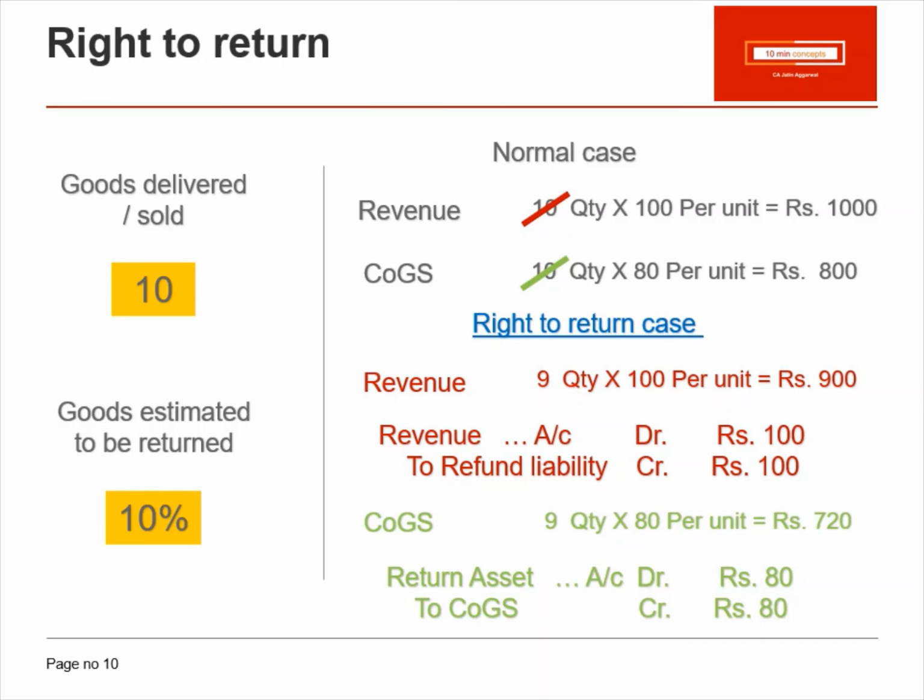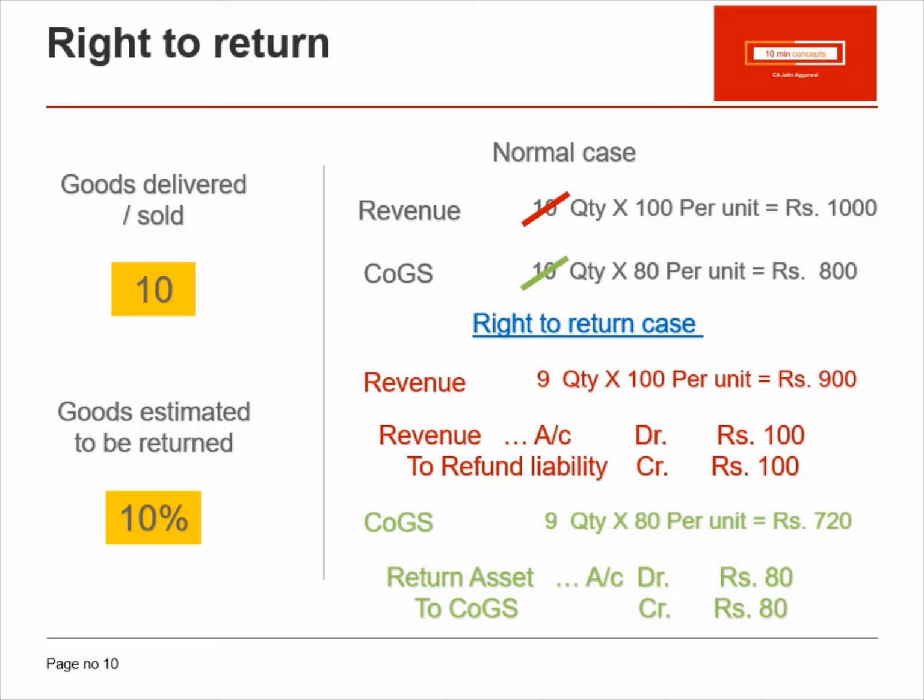Right? Note that we have recorded a refund liability of rupees 100, as this is the amount that the entity will have to pay to the customer as refund. And we have recorded a return asset of rupees 80 only, as this is entity's cost for this inventory, right?